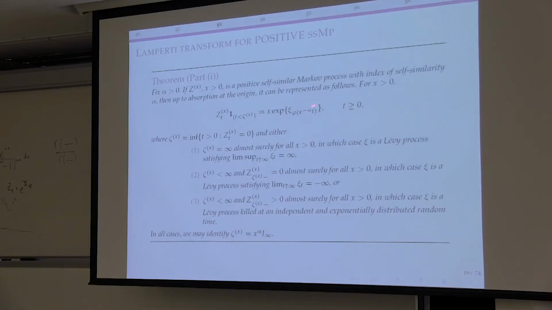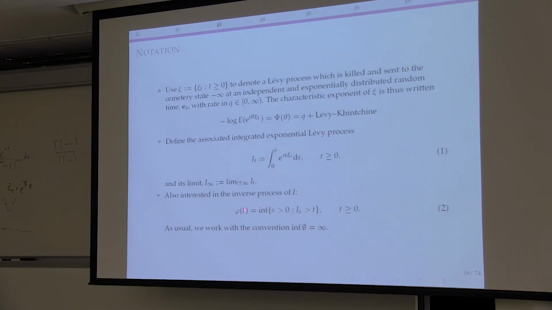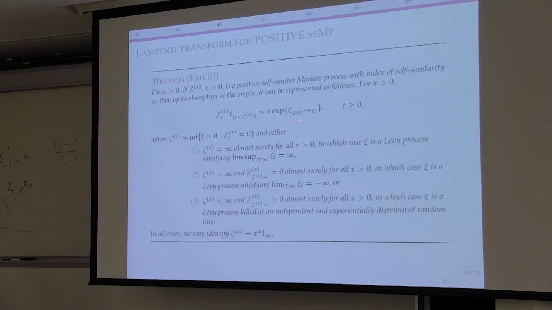And what about this time change here? Well, if you think about this x to the minus alpha t, if you go back over here, when I've got a start point of log x here, if I bring it out, so it's additive because it's a Levy process, it gives me an x to the power alpha. So I would have x to the power alpha times the integral, but I built from the xi starting from 0. And if I pop that over on the other side, the x to the alpha, it gives me the phi t x to the minus alpha that you see here.